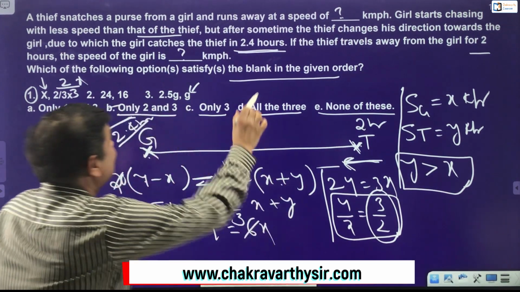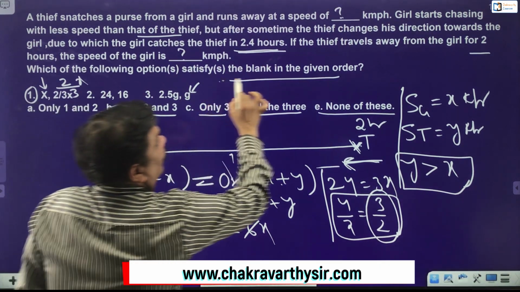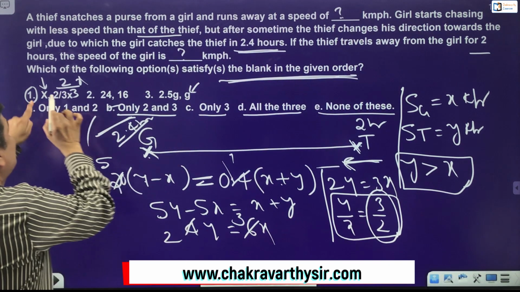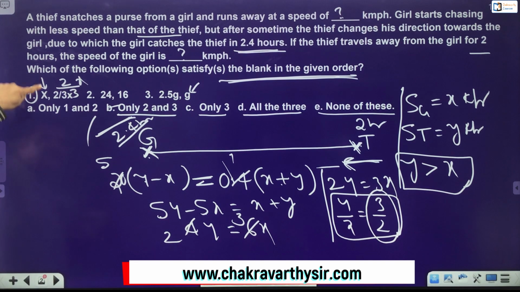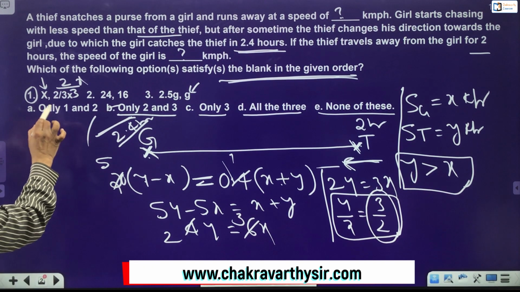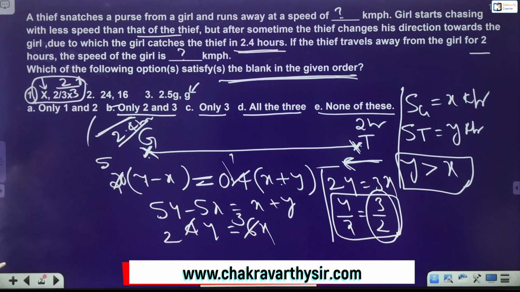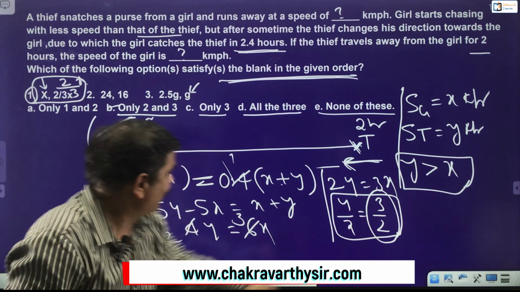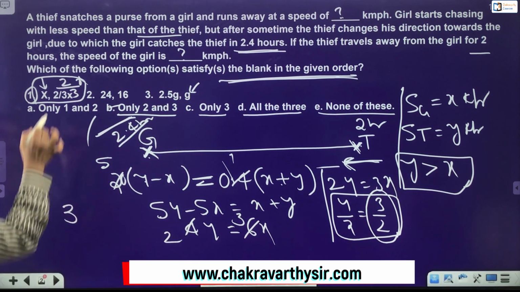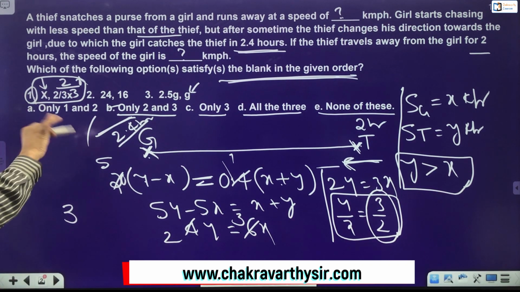Now here, since they have given it in the given order, the first one should be taken as the thief's speed, the second one is the girl's speed. Now just go for this one, x and 2 by 3x, is it true or not? X I am taking as 3, because the first speed is that one only, in the options, not in the question.